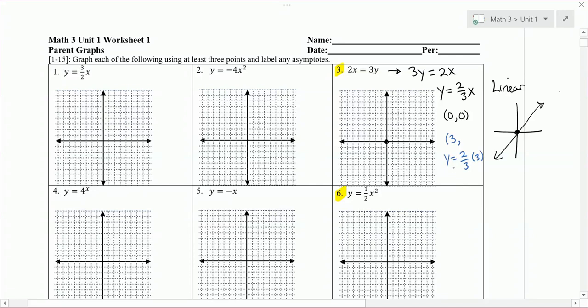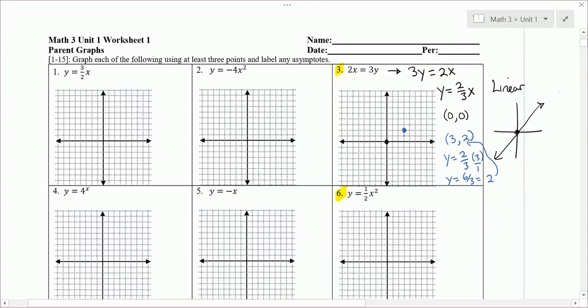When you multiply a fraction with a number, you could change that integer to a fraction. This is 2/3 times 3 over 1. You multiply the numerator with the numerator, denominator with denominator, you end up with y is 6 over 3, which reduces to 2. So when we plug in a 3 for x, we get a 2 for y. And so I'm going to plot the point 3, 2.